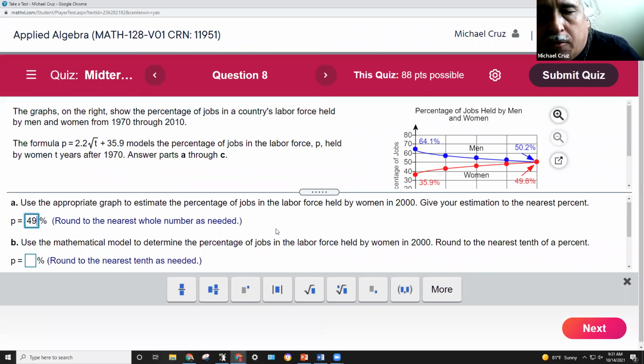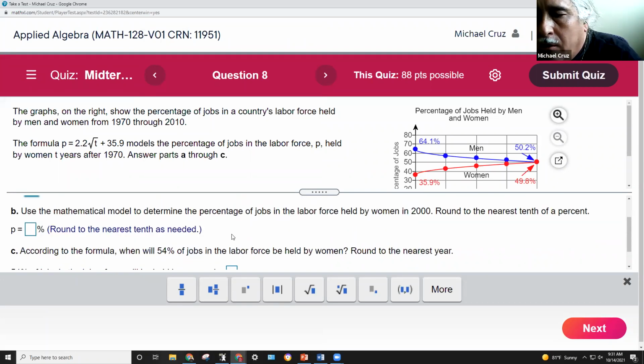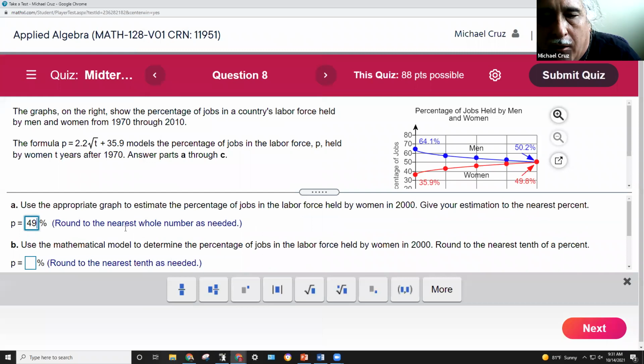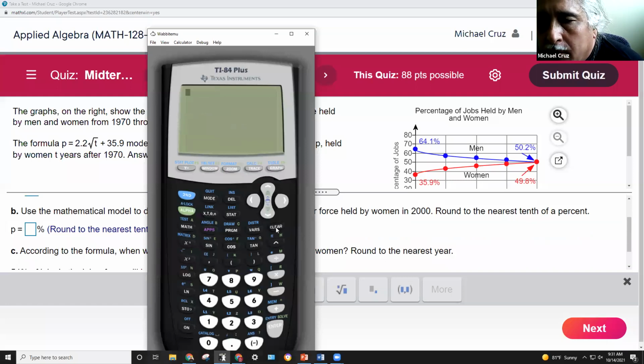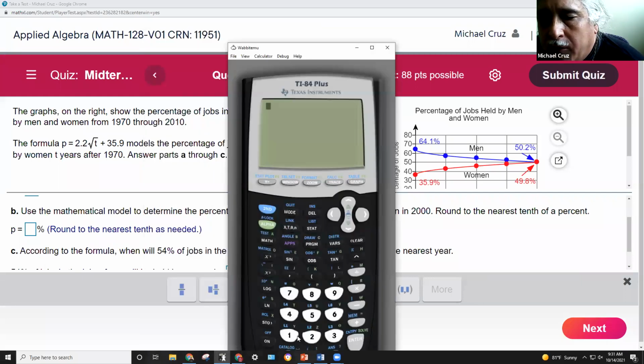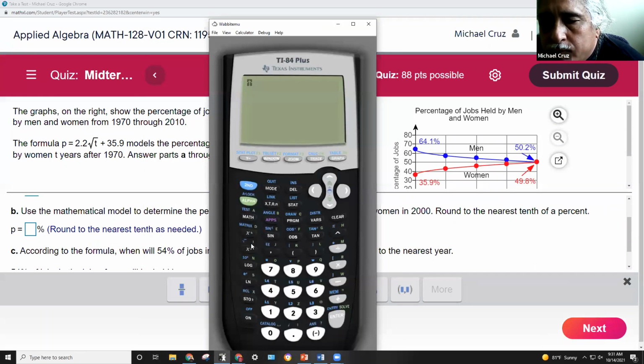So let's just go from the chart. Okay, so this is just using from the graph. So let's try that calculation again. I probably did something wrong there. So we got 2000 for T. Times 2.2.